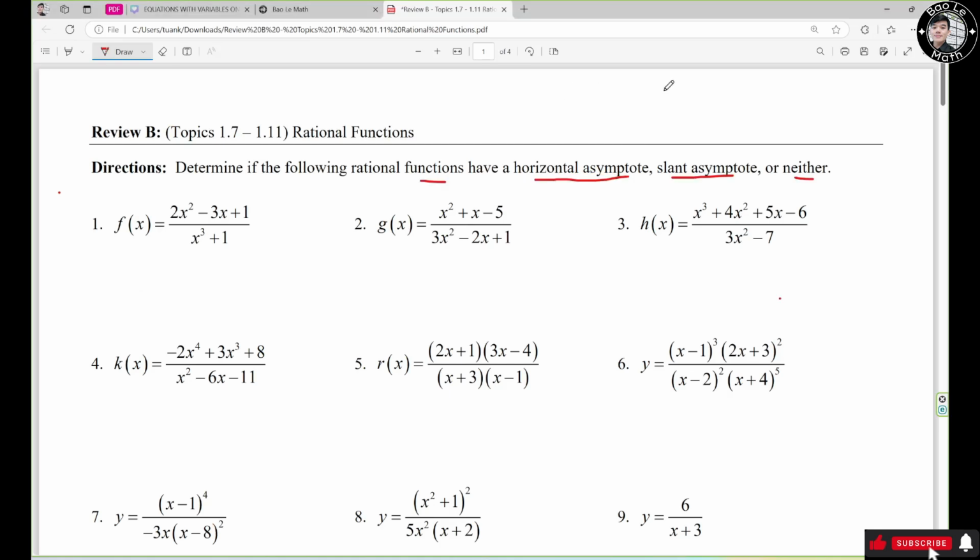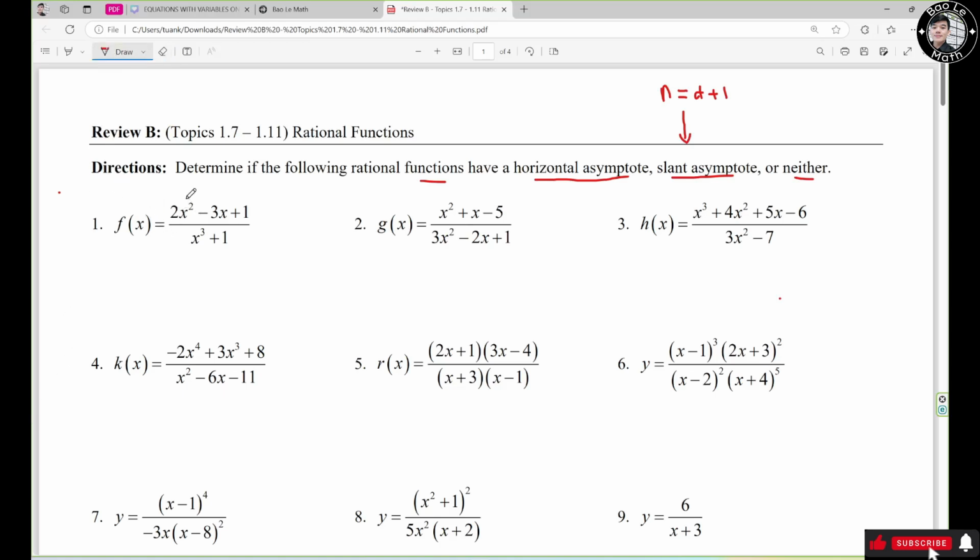If the degree of the numerator is 1 unit greater than the degree of the denominator, we have the slant asymptote.